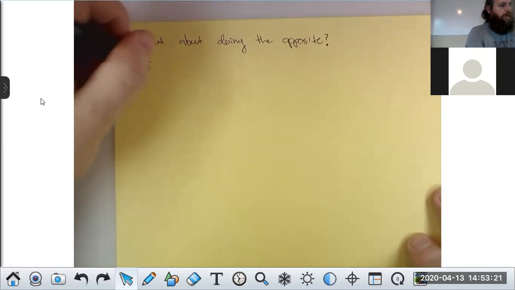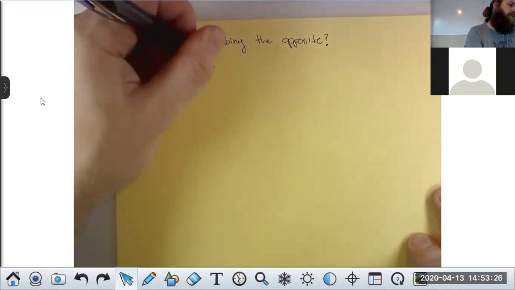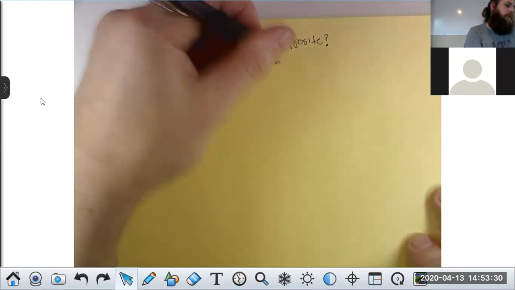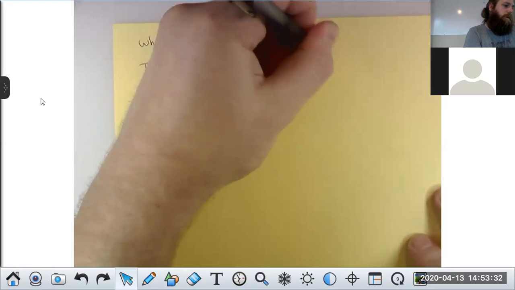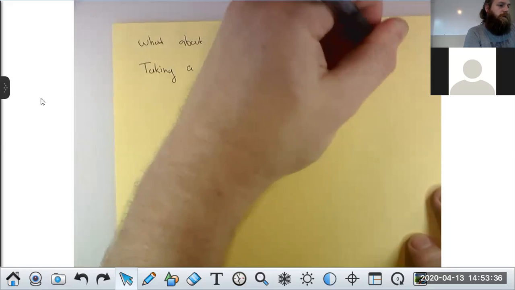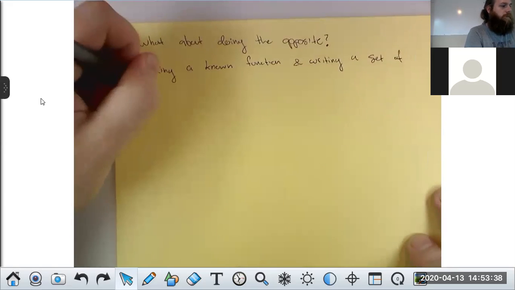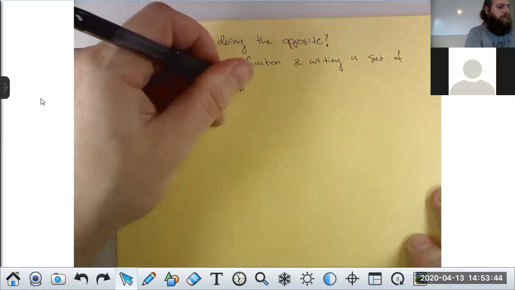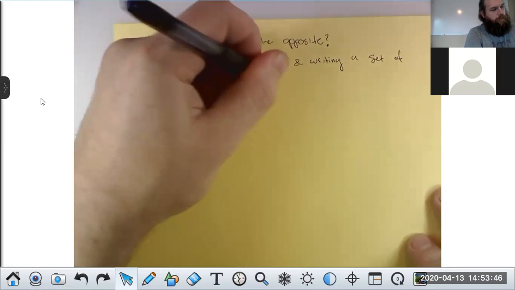Taking a known graph, taking a known function, and writing a set of parametric equations which give that graph.